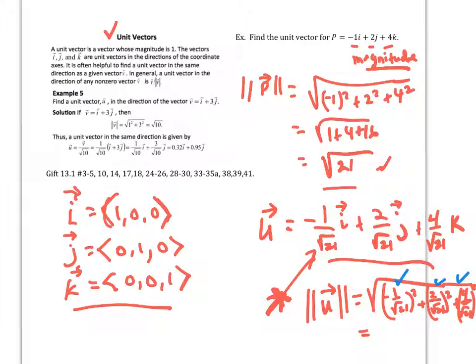Square root of 21 in the numerator, divided by square root of 21 is all 1. So then the length of this, or the magnitude of this unit vector, is 1, and that will always come out to be true if you just divide every piece by the magnitude. And they talk about it here.